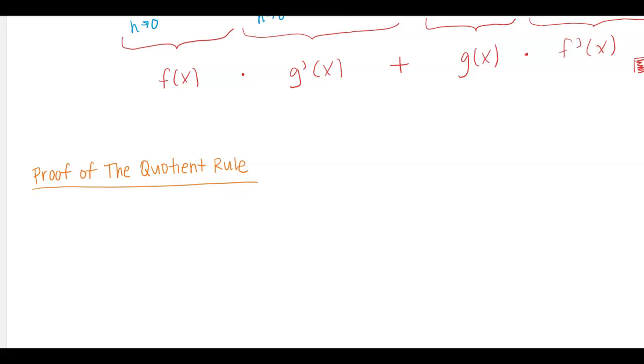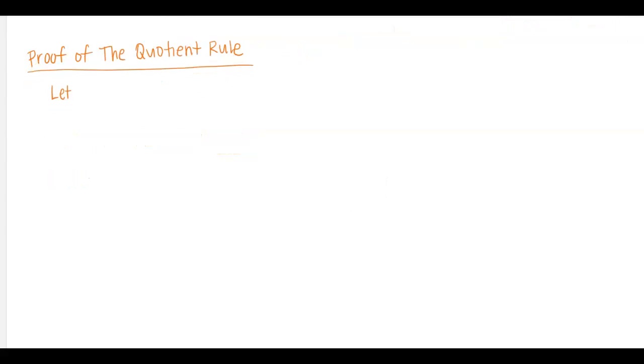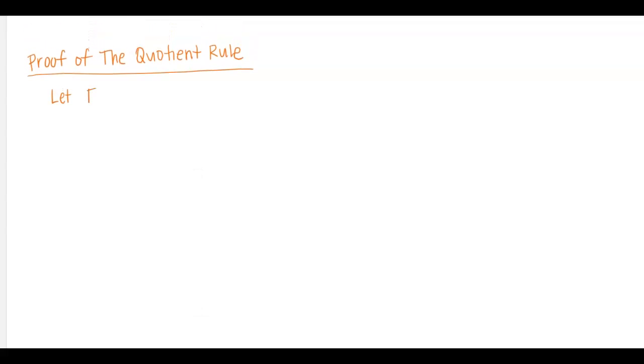All right, so I'm going to start again, like I did before, with just two generic functions. Let me scroll it. Here we go. Let F of x equal lowercase f of x divided by g of x.